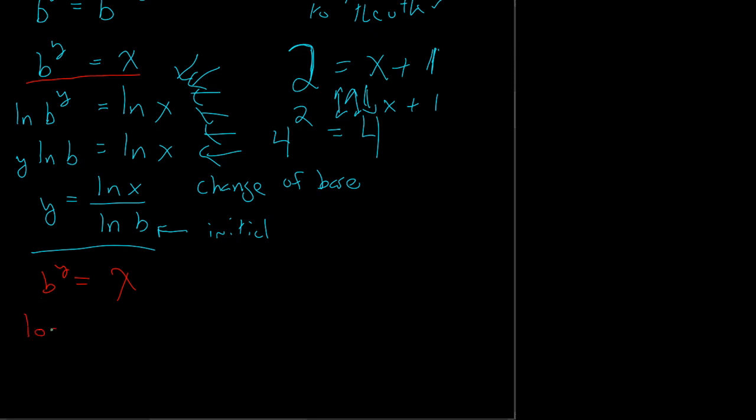So I'm going to make this log of b to the y equals log of x. Because if the stuff on the left-hand side is equal to the stuff on the right-hand side, well, if I take the log of the left-hand side, I should get the log of the right-hand side. Because they're equal. So they'll do equal things. Well, my rule says I can pull the y out front.